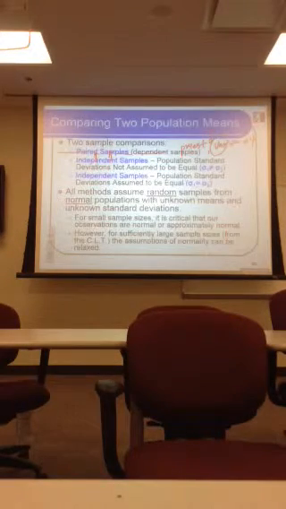Okay, now how to compare two sample problems, right? If your outcome is continuous, we want to compare two population means, right? So those are the options we have. Now, if we are dealing with related samples, you should consider a paired t-test, right? So it's for paired samples.